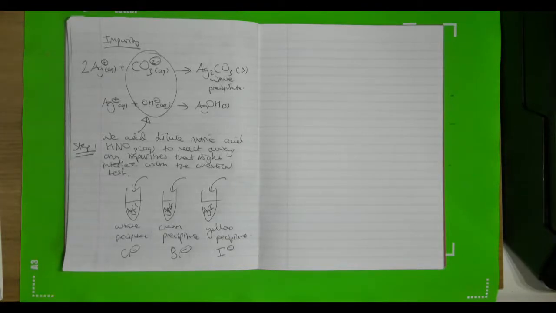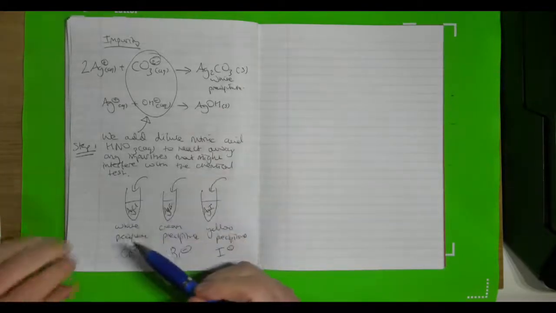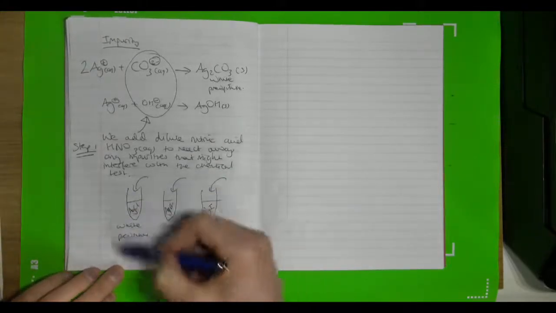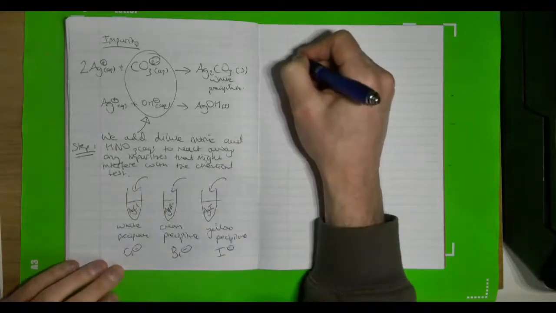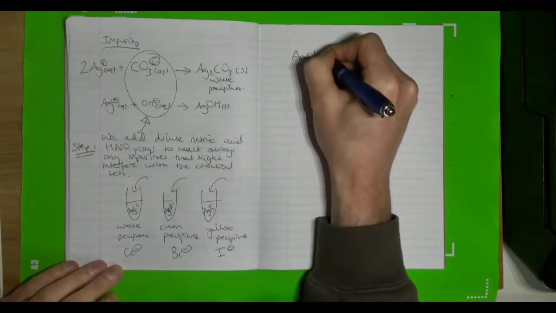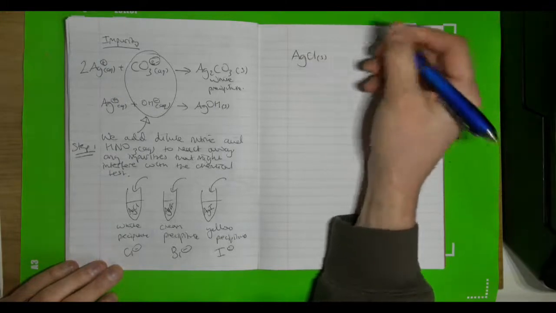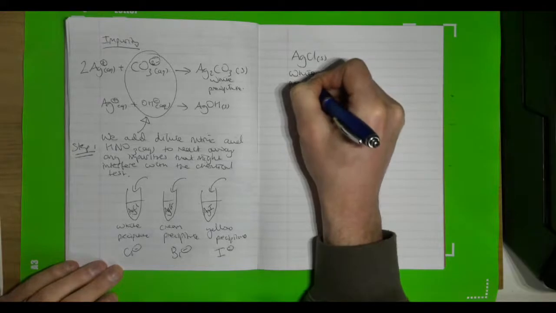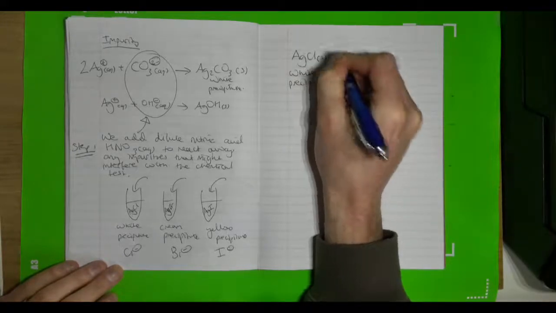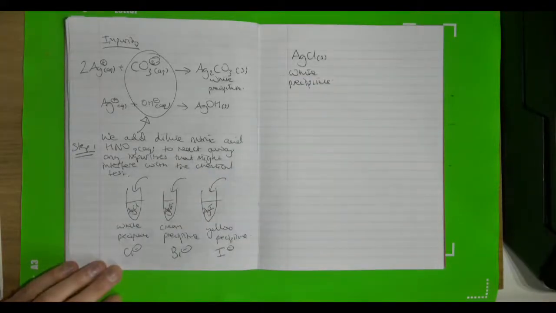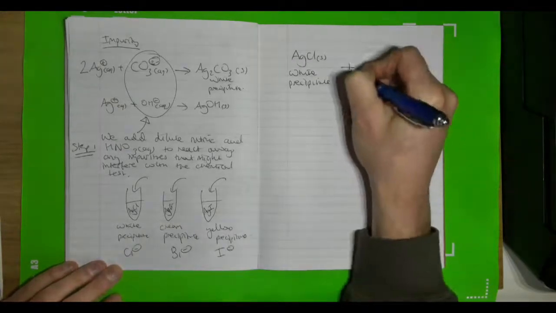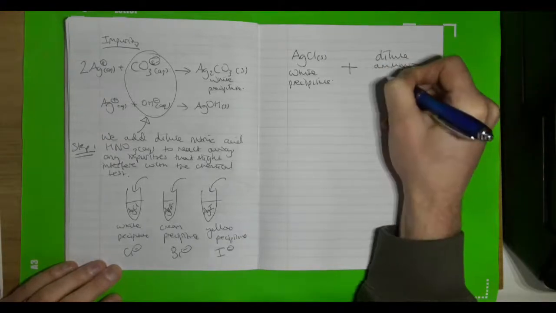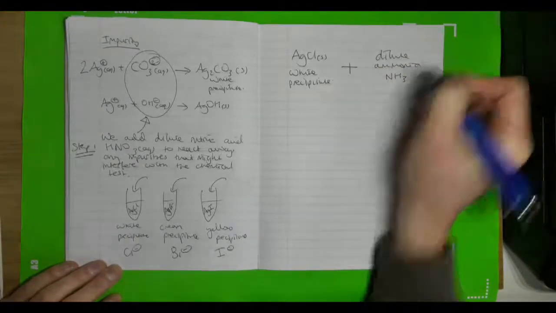Now, what's clever about this is, if you wanted to double check that this one has chloride in there, we take our product from the first test, which is our white precipitate of silver chloride, and then we add dilute ammonia. So ammonia, remember, is NH3.